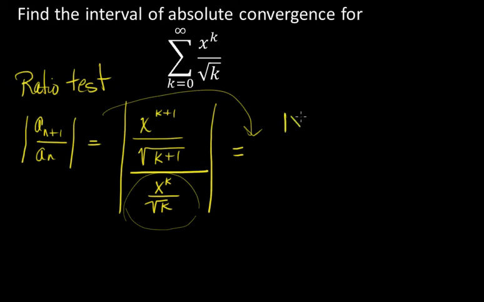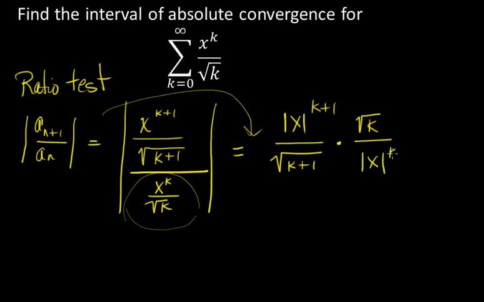So I would write this as the absolute value of x, that's the only part that could be negative, to the k plus 1 over the square root of k plus 1. And then I would invert the a sub n, the nth term, and write the square root of k over the absolute value of x to the k. The absolute value signs are very important, but they only have to go on the factors that could be negative.